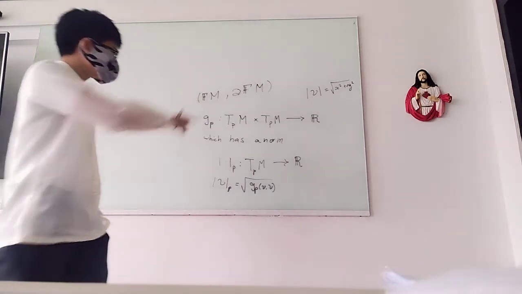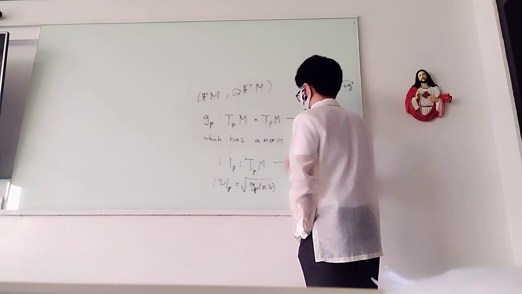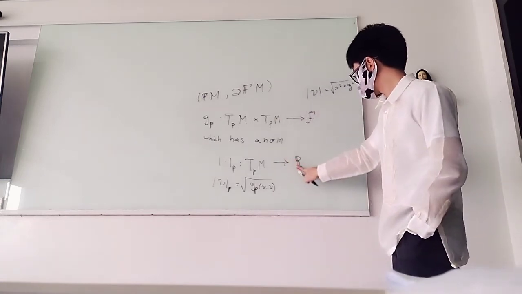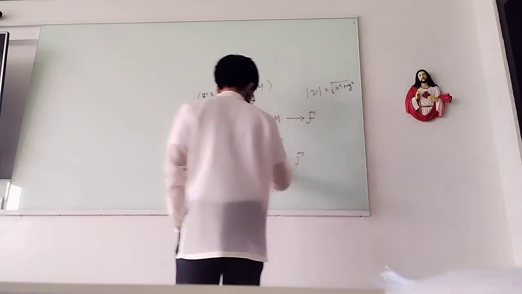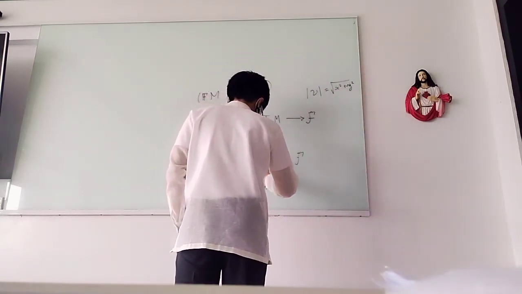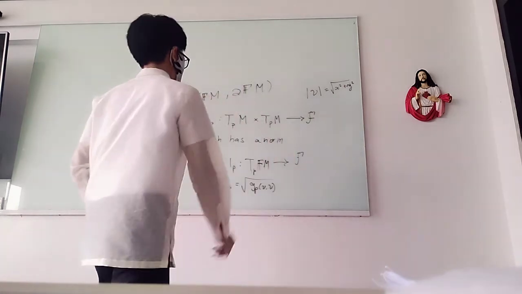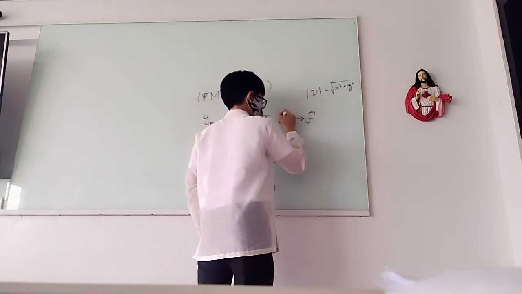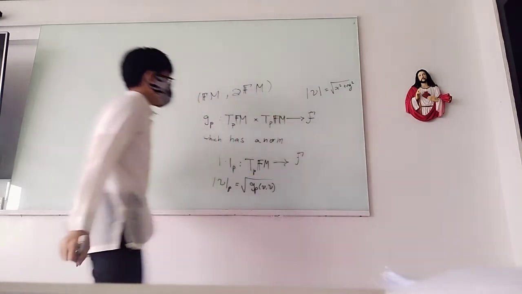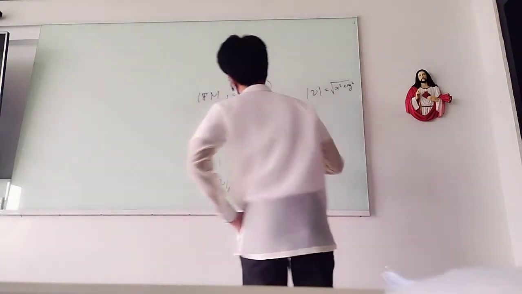Now, replace R with F. And then we have some point, and then this is called Fm, obviously. Okay, now we have essentially applied it on our theory.